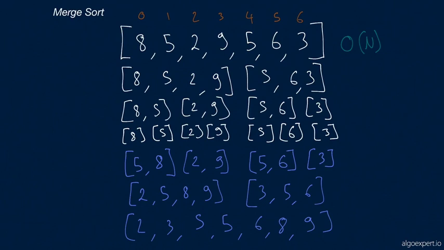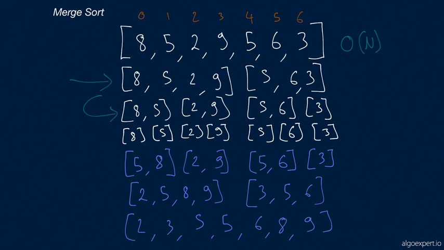Now if we look at the two subarrays here, each of them is also going to have to create two subarrays. Like this subarray of length 4 right here with an arrow is going to create these two subarrays here.